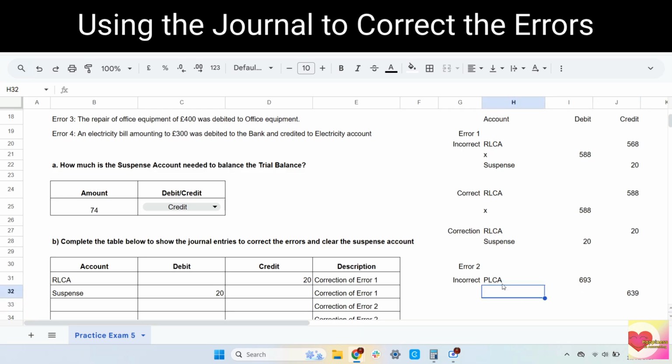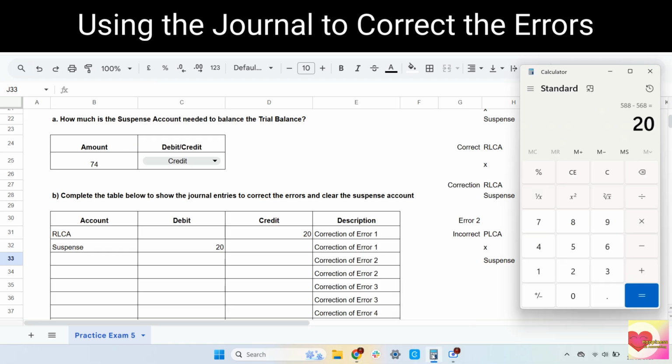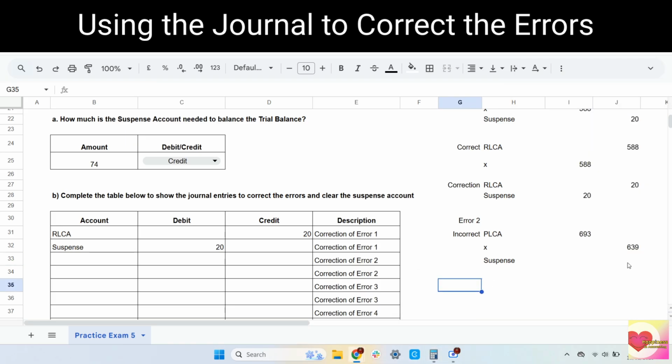Probably it's the bank, but let's just put X. Since the entry on both sides are not equal, a suspense account was automatically inserted to the lower total, which is credit. So the difference of 693 and 639 is 54.